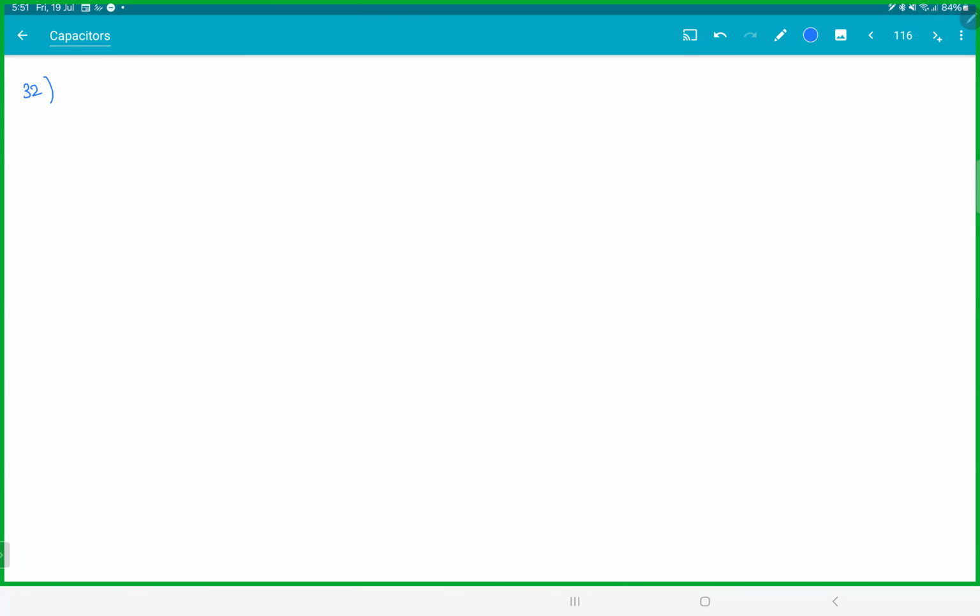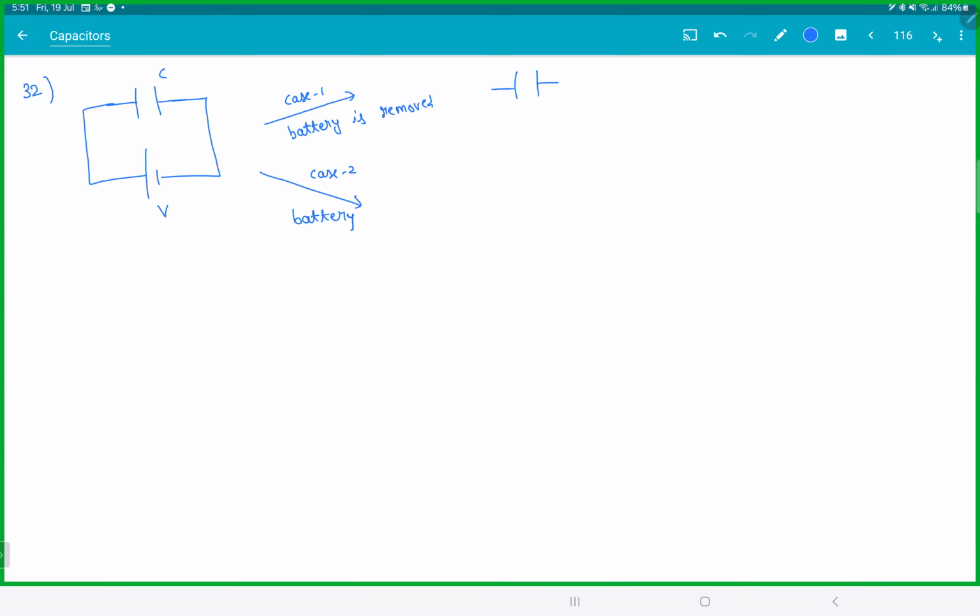Let's see. So we've got a capacitor and the battery. Case 1, the battery is removed. Case 2, the battery is present.